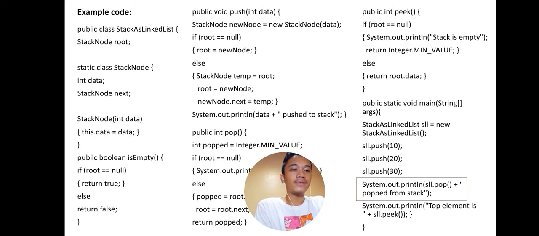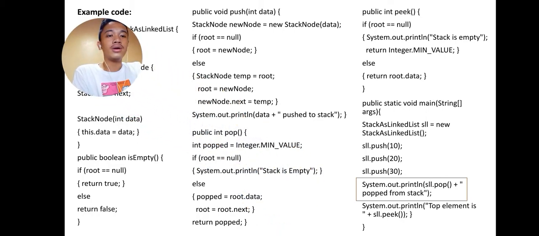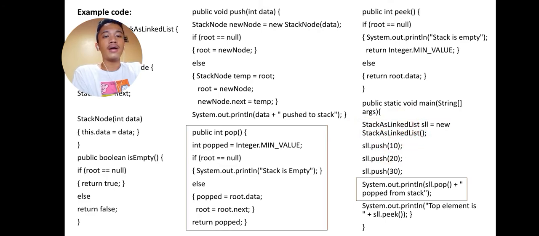And next we have system out dot println, then sll dot pop. So we have our new method pop. So it will also call the object creation stack as linked list SLL, then it will access the public int pop method.